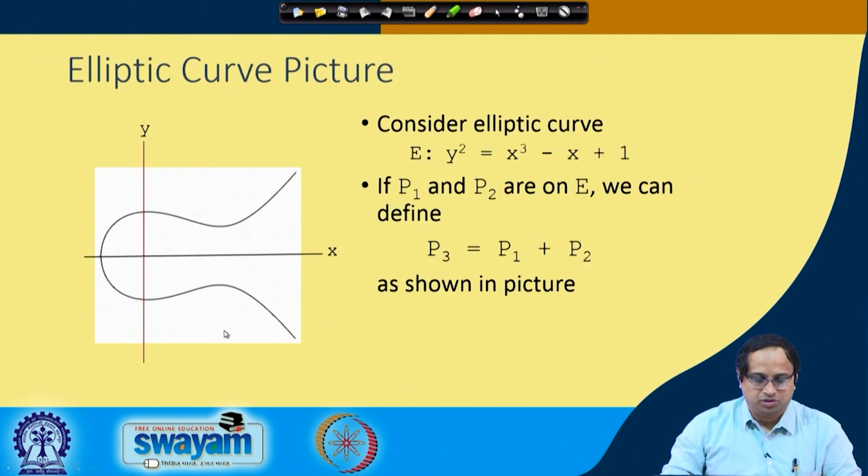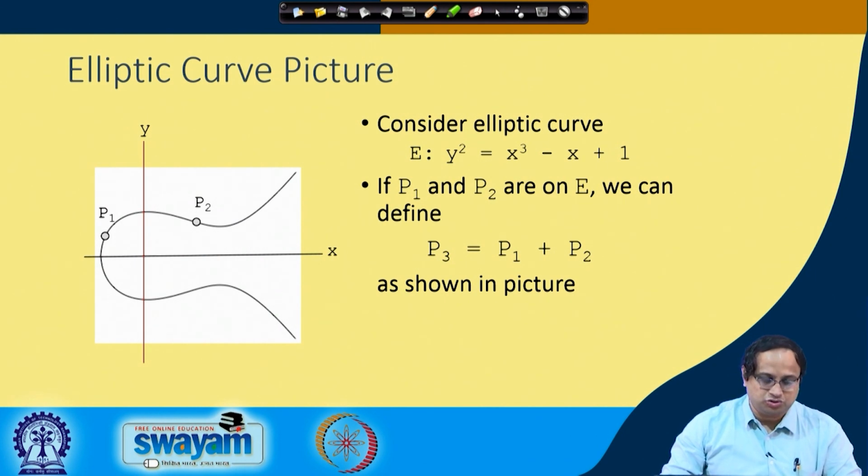So if I start with an elliptic curve picture, this is essentially an elliptic curve equation. You see that it is y squared equals x cubed minus x plus 1, and we want to define this operation plus. So let me start with 2 points on the elliptic curve, say P1 and P2, and I want to define what is P1 plus P2.